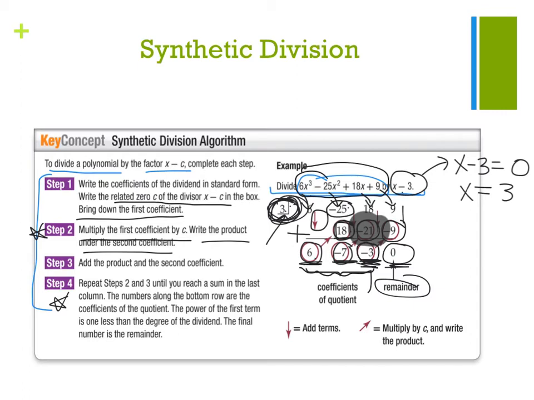So the negative 3 would be x to the 0 power, negative 7 right here would be x to the first power, and 6 would be x squared. So our actual quotient to this problem is 6x squared minus 7x minus 3, and there's no remainder. So we would just add plus 0 over x minus 3, which is 0 anyways. So we're going to go ahead and look at an example using synthetic division in the next slide.